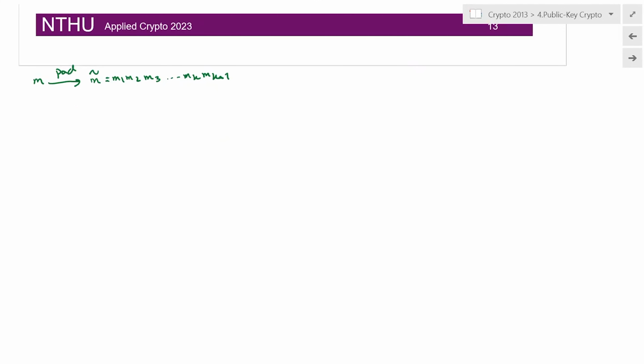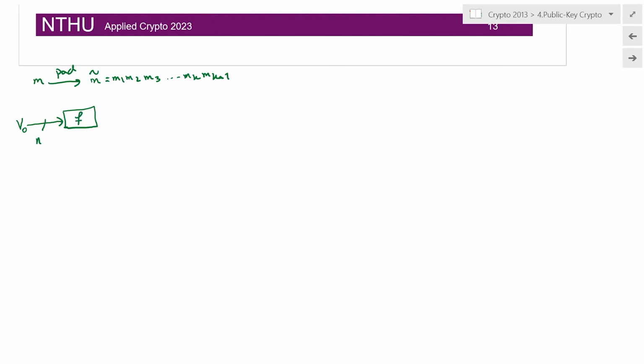We already saw how we do that. Once we are done with the padding, we start with some initial value for the hash, which we call V0. V0 is always n bits, and then we send this one to our f function.